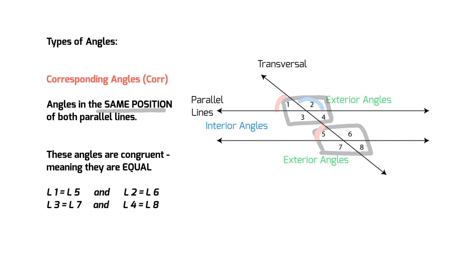Corresponding means they are in the same position. So angle 2 and 6 are corresponding. Angle 3 and 7 are corresponding. And angle 4 and 8 are corresponding. Because we have parallel lines going in the same direction, all corresponding angles are going to be equal to each other.